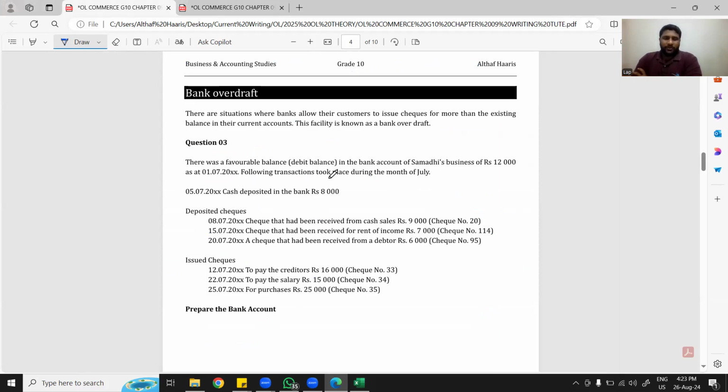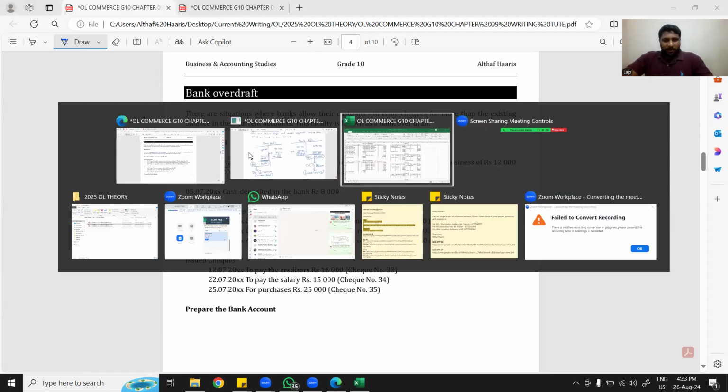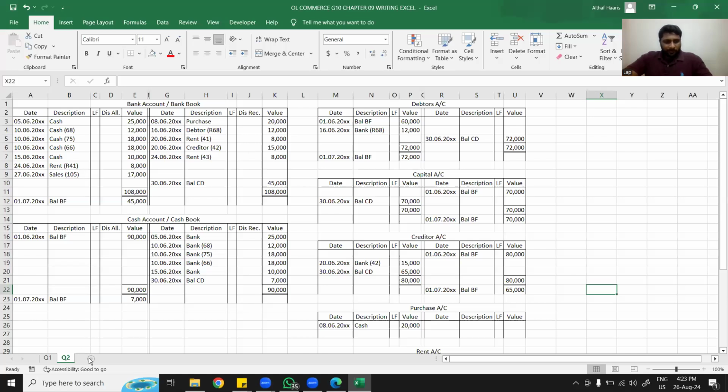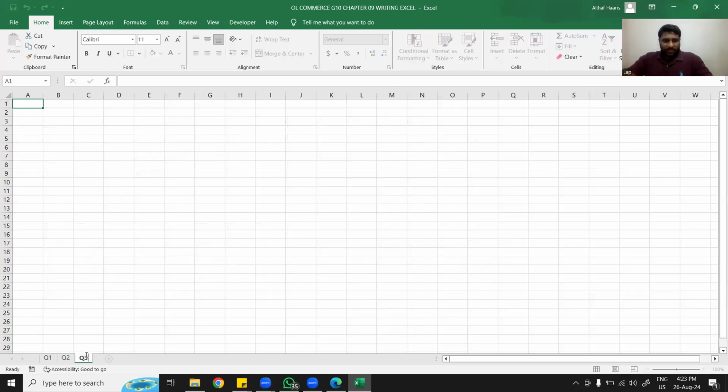Then let's do it. There are situations where banks allow their customers to overdraw. The story that I told you right now, read it. The favorable balances, debit balances in the bank of some of these businesses, 12,000. So opening balance is favorable. Let's prepare the bank account for you people. Question 3.